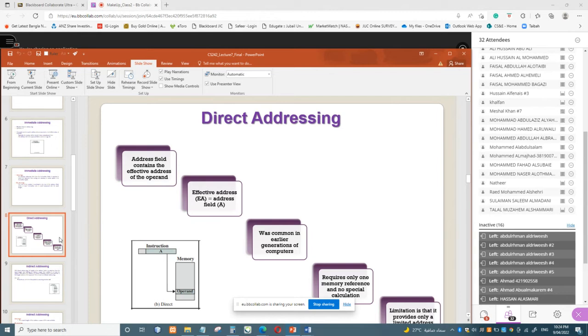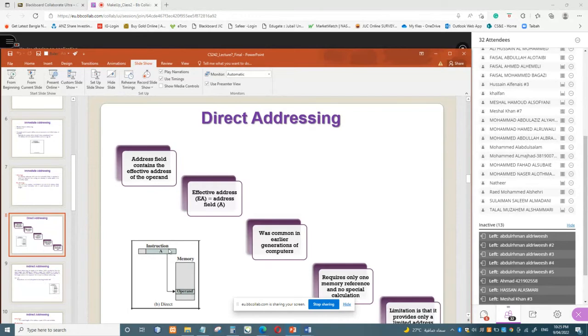Remember, in direct addressing mode, you can see here that this is your opcode. Can you see the picture? Yes, we see, Doctor. The opcode can take a small number of bits, maybe 5 or 6 bits, and the remaining bits can be used for the address of the memory location.